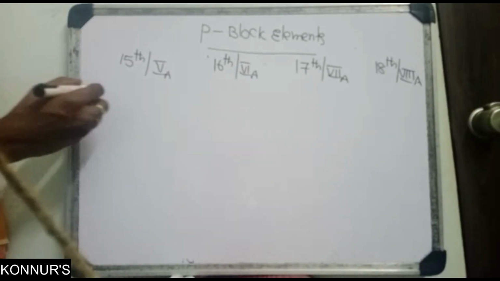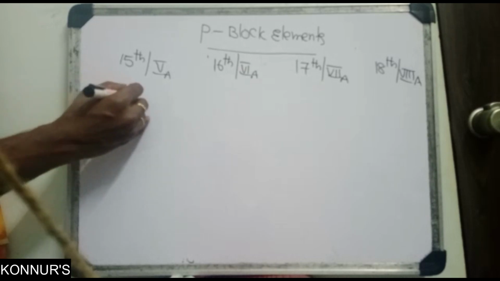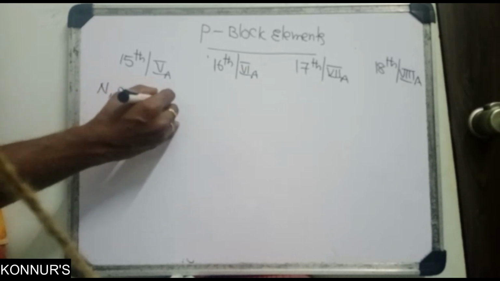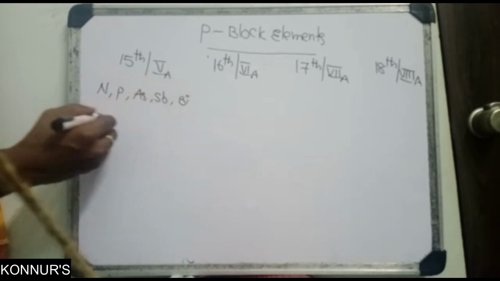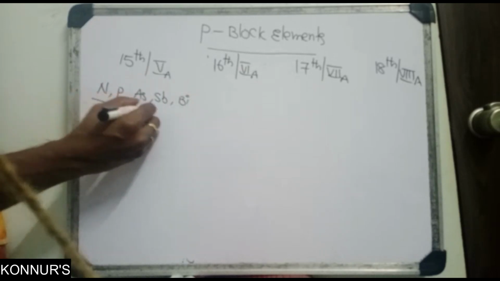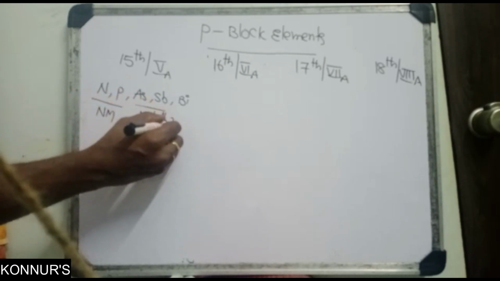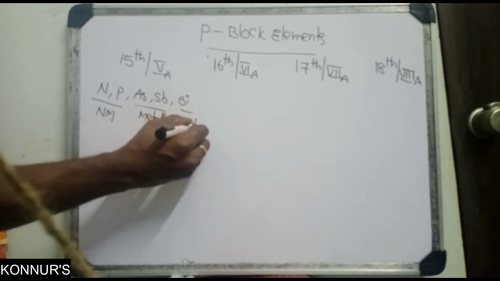Next, metal and non-metal characters. If you see nitrogen, phosphorus, arsenic, antimony, bismuth: nitrogen and phosphorus are non-metals. These are metalloids. Bismuth is the metal.